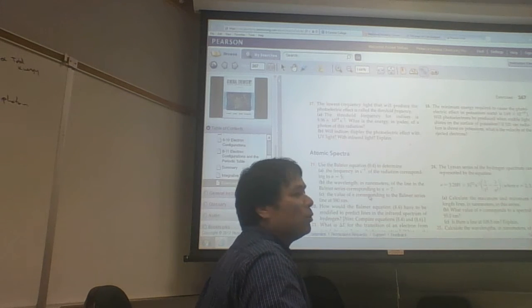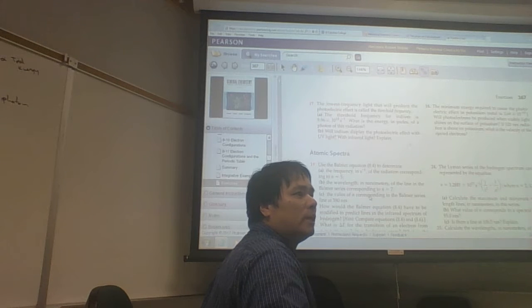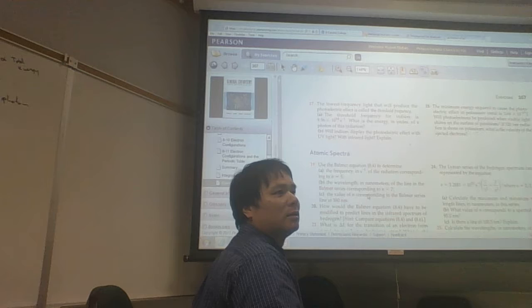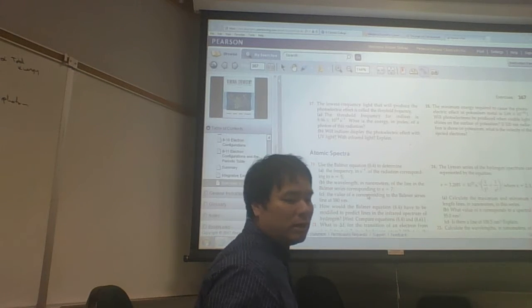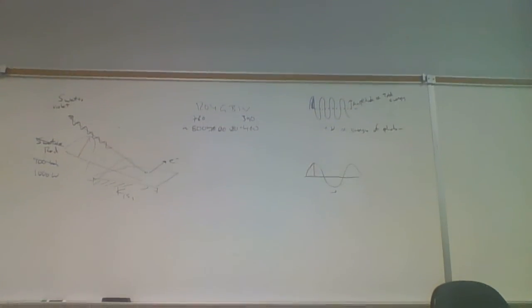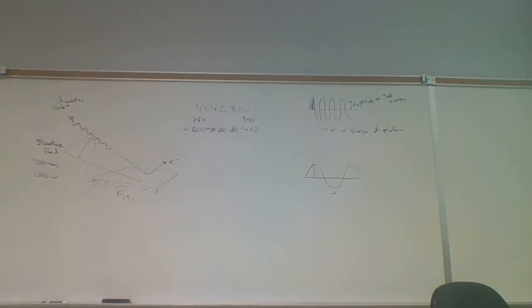If it is, then we have more than enough energy, and any extra energy is going to be used to give the electron a little kick. So why don't you go ahead and calculate the energy of a photon at 520 and see how that compares to 3.69 times 10 to the minus 19 joules.